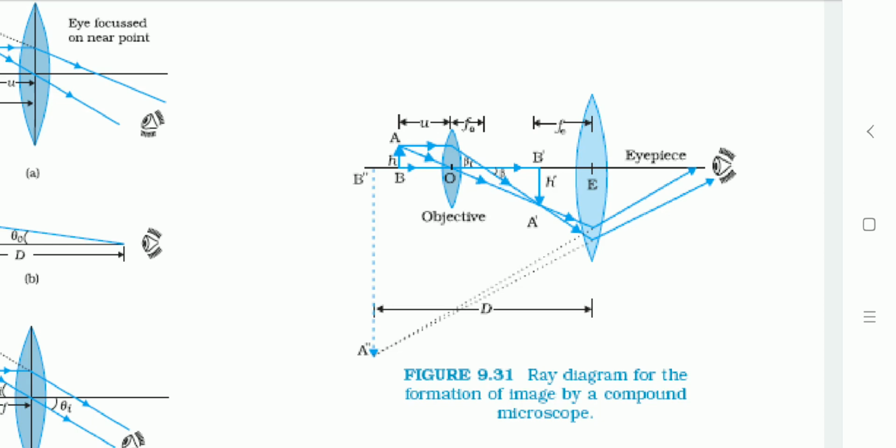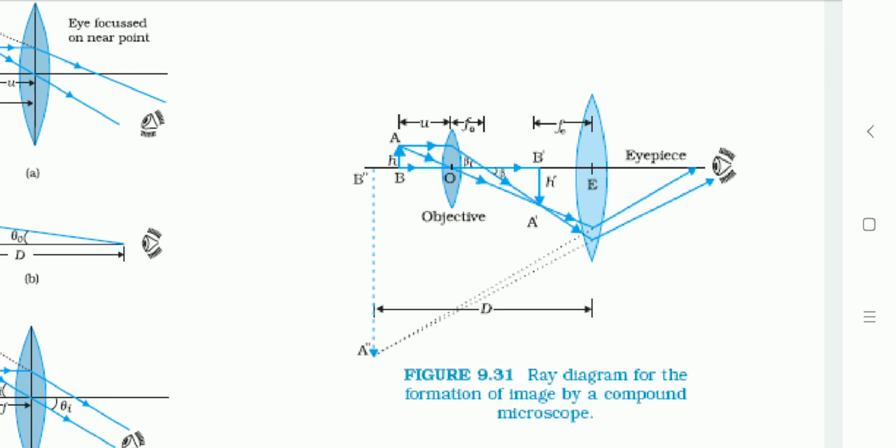We use the simple microscope to obtain magnification, and the final image will be formed by the equation which we have calculated earlier, m equals 1 plus d by f. By the same equation, magnification can be generated by the second lens.